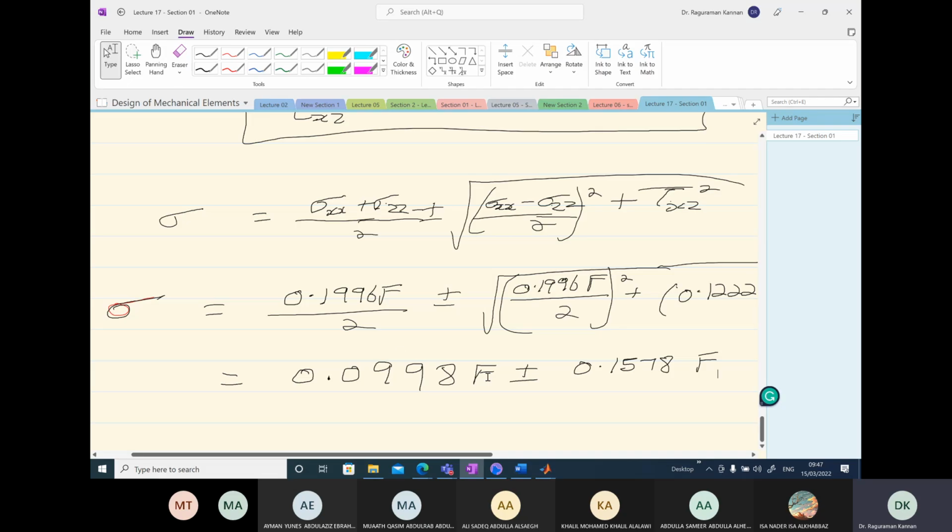So this means we have a positive sigma 1 value and a negative sigma 3 value, while sigma 2 is 0. So we have 1 and 3 calculated here.